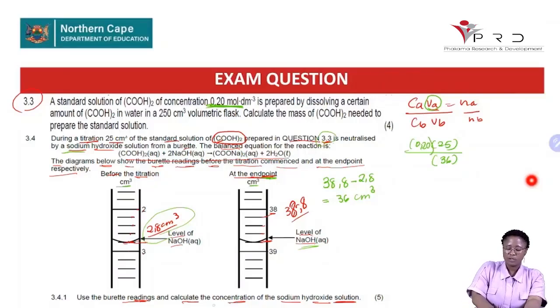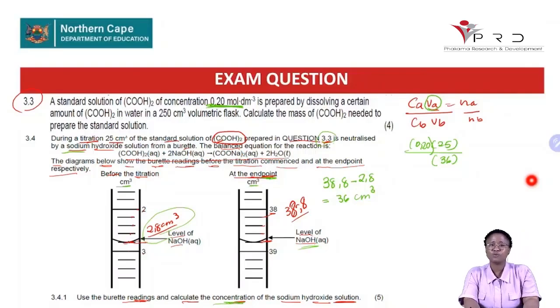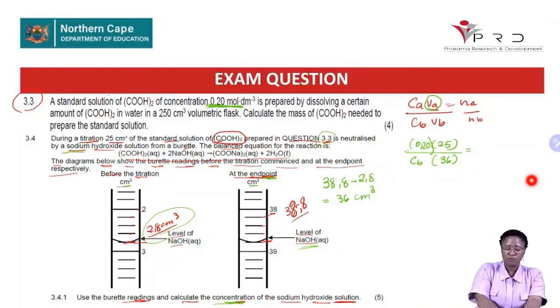And what am I calculating? I'm calculating the concentration of sodium hydroxide. Sodium hydroxide is a base, so I'm looking for the concentration of the base, which equals, what am I looking for? I'm looking for the ratio between sodium hydroxide and oxalic acid. The ratio of the acid is 1, as you can see from the balanced equation, and the ratio of the base, rather, which is the sodium hydroxide, is 2.